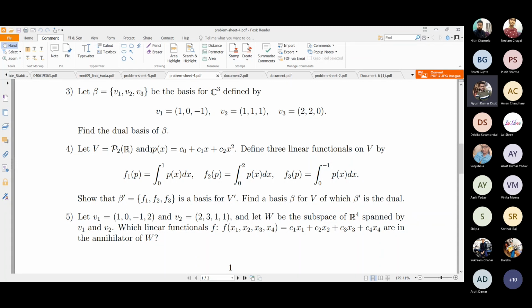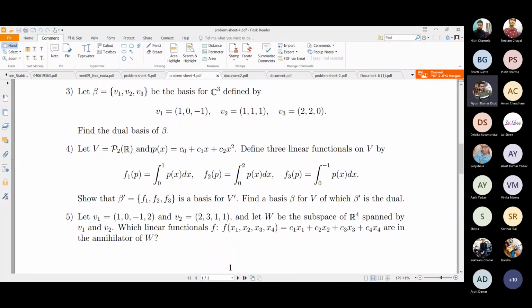Now we take f1, f2 and f3 and operate. Then f1 of v1 is 1 and all others are 0. So we get f1 of (x1, x2, x3) equal to alpha 1, similarly f2 of (x1, x2, x3) equal to alpha 2, and f3 of (x1, x2, x3) equal to alpha 3. Now we will find the values of alpha 1, alpha 2, and alpha 3 in terms of x1, x2 and x3. Hence we are done.